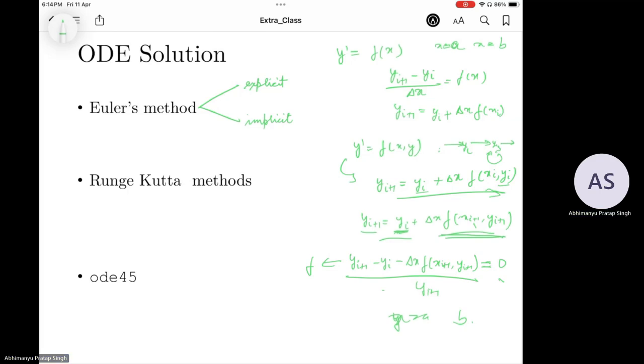Now what is the benefit of this? Let us first look at the drawback of the explicit solver. Since this is incremental, if there is some error in the calculation of yi, then that error adds up in the calculation of yi plus 1, and then adds up even more in yi plus 2, and like that the error builds up. So the solution might become unstable after a very long interval, right?